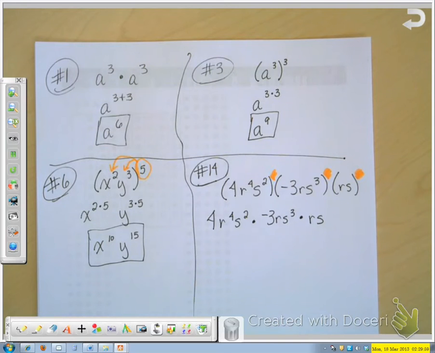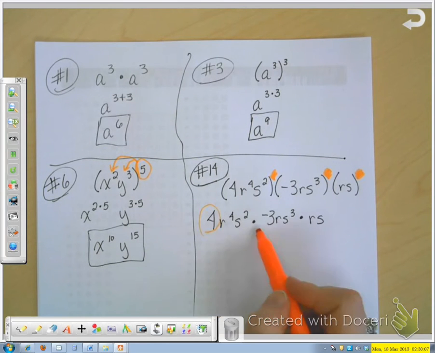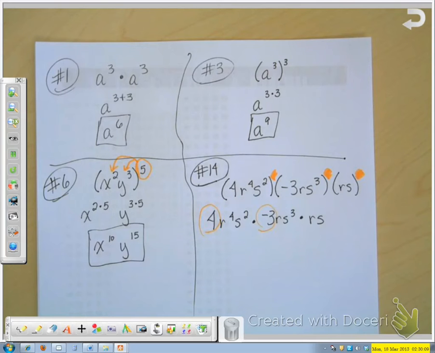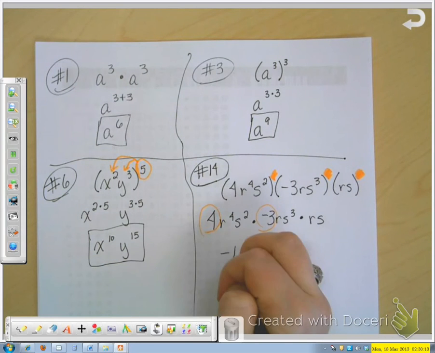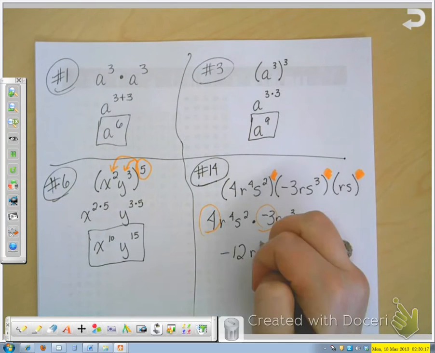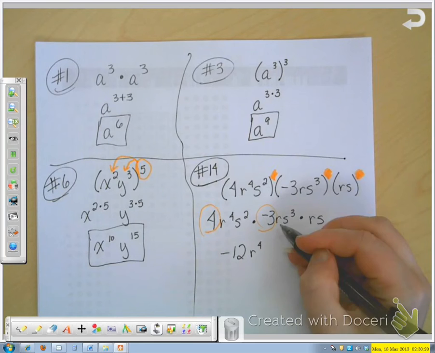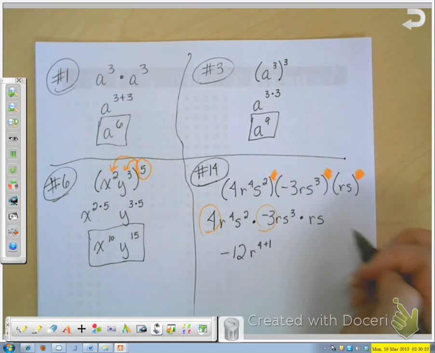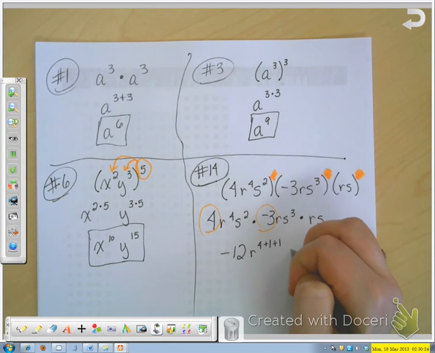Well, when you multiply, what do you do with your exponents? You add them. But what about those wonderful coefficients out front? The 4 and the negative 3. We're still going to multiply those. So 4 times negative 3 is negative 12. Now I have my r's. I have a 4th power, then I have a 1st power, and then I have another 1st power.